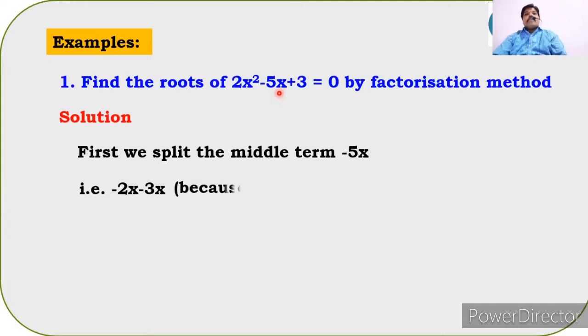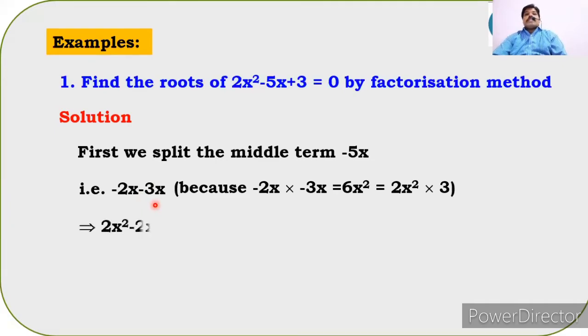Because minus 2x into minus 3x is equal to 6x square. What is the 6x square? It is nothing but the product of the first term and the last term in the quadratic equation. If you multiply the first and the last term, it will become 6x square. That's why we are splitting the middle term into minus 2x minus 3x.